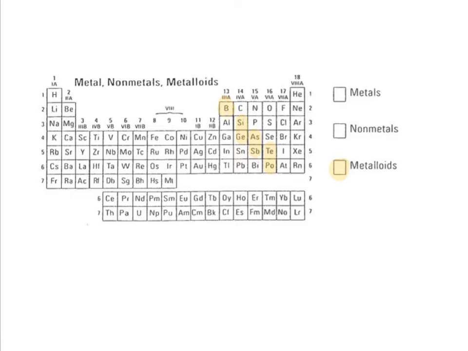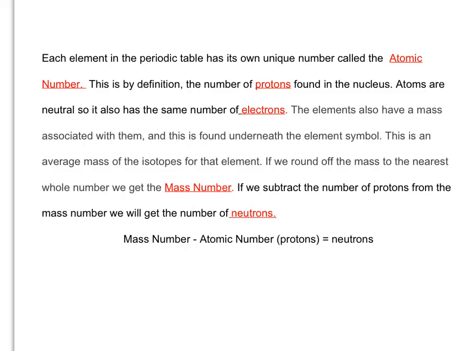The nonmetals are all of the elements to the right of the metalloids, with the exception of hydrogen. Hydrogen is also a nonmetal, and that means all the other elements are metals. So there's way more metals on the periodic table than there are nonmetals and metalloids.